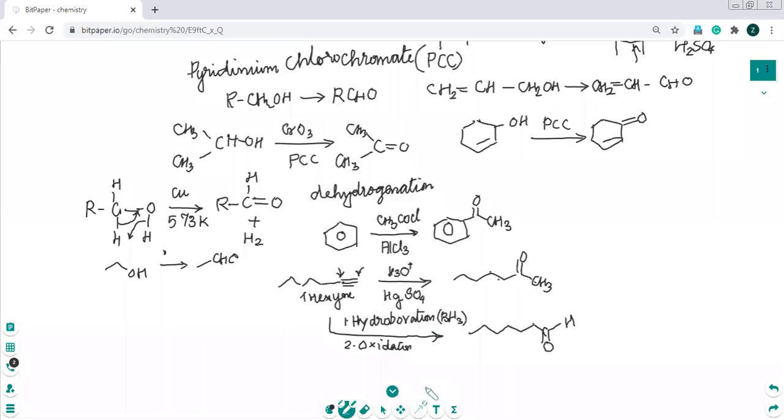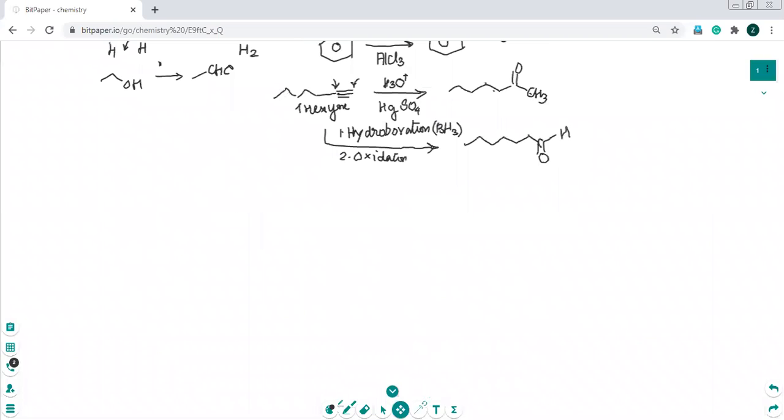Now let us look at the chemical properties of aldehydes and ketones. What are the chemical properties? Already we have seen oxidation reaction, oxidation of aldehydes.